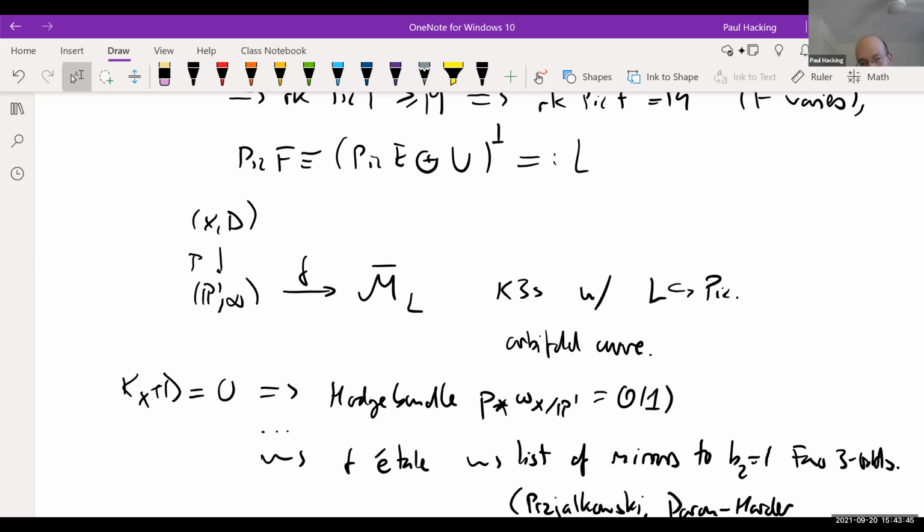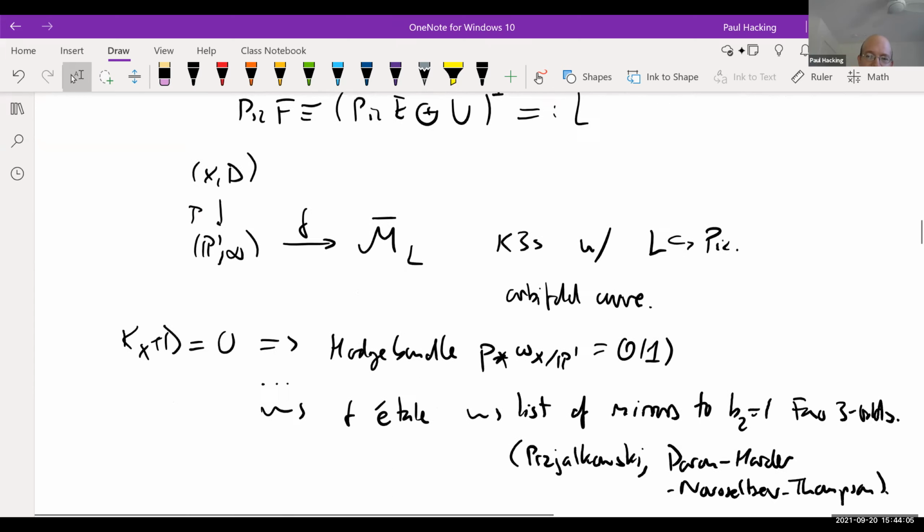And so just looking case by case, you see this means that F has to be étale in the orbifold sense. And if you follow this through, you'll recover exactly the list of mirrors to rank 1 Fano threefolds. So this actually completely matches with the classification in the smooth case.